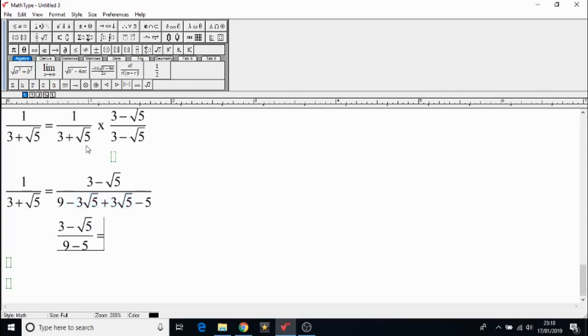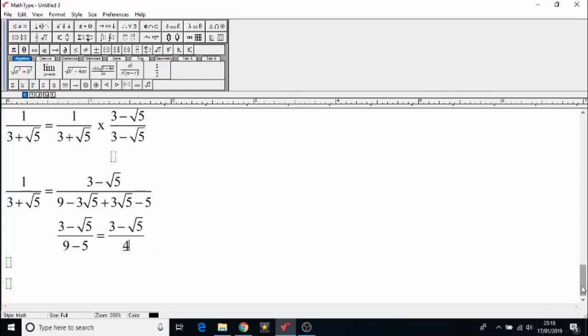That is equal to 3 minus root 5 over 4. And there's your answer.